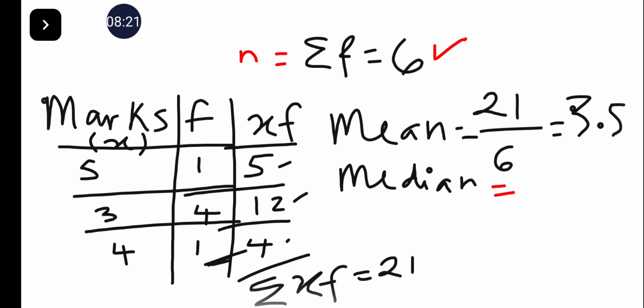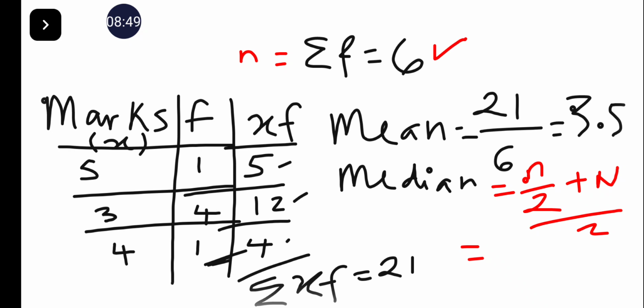The median position will simply be the n over 2 position plus the next position, divided by 2. So n over 2, that's sum of frequency divided by 2, gives us 3, and the next position is 4. So the median will simply be the third score plus the fourth score divided by 2.